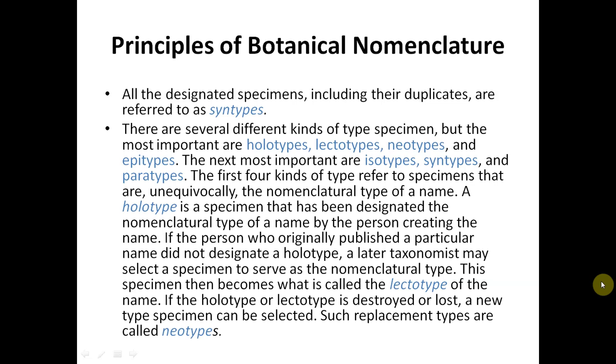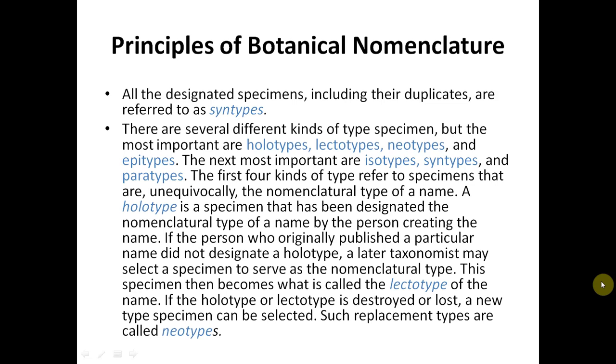And if the person who originally published a particular name did not designate a holotype, then alternatively a later taxonomist may select a specimen to serve as a nomenclature type. So in case a holotype is present, which is preserved by the author, then that is called the nomenclature type.